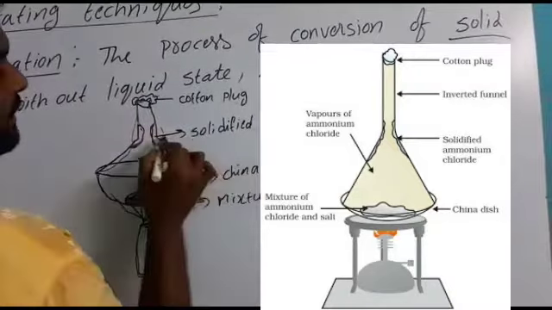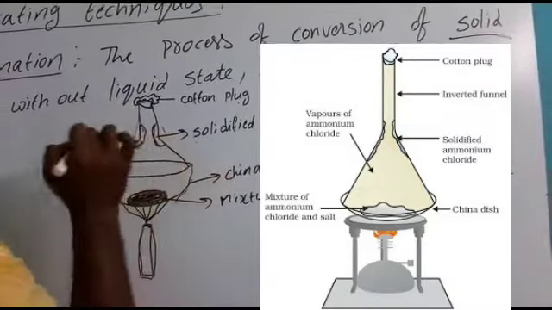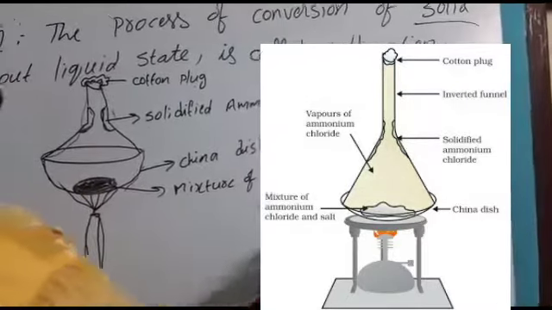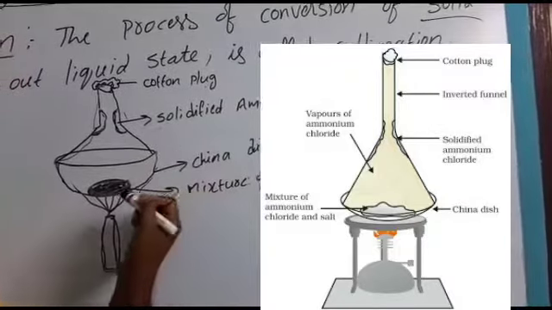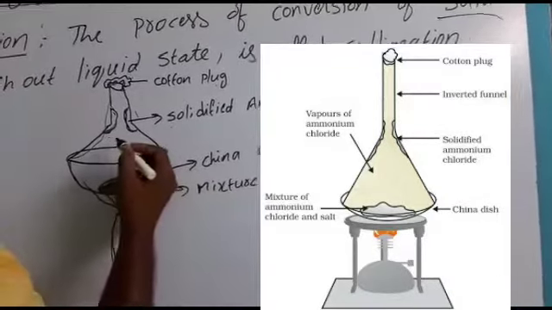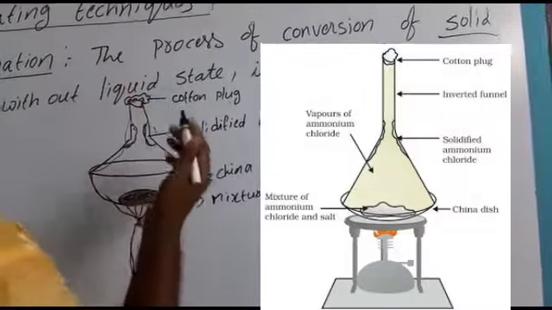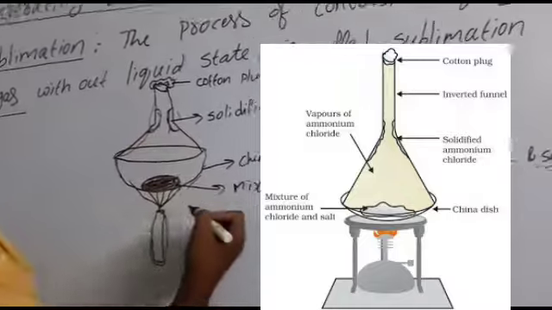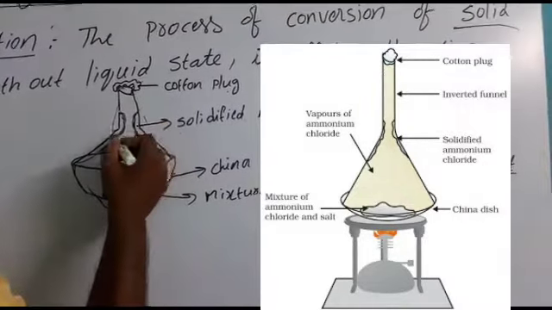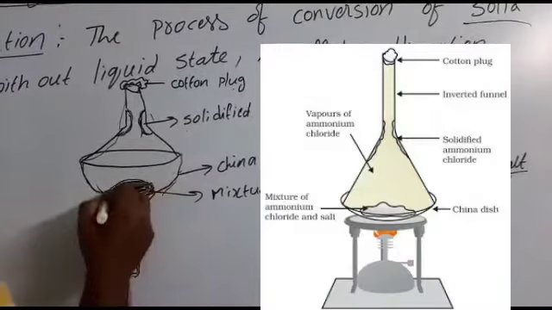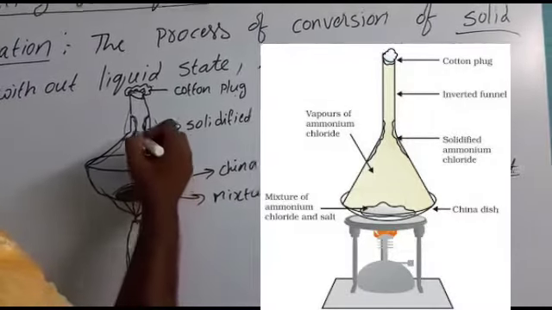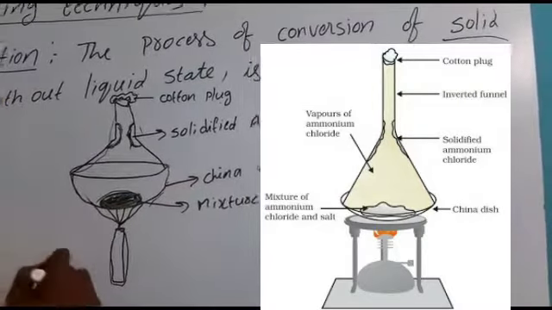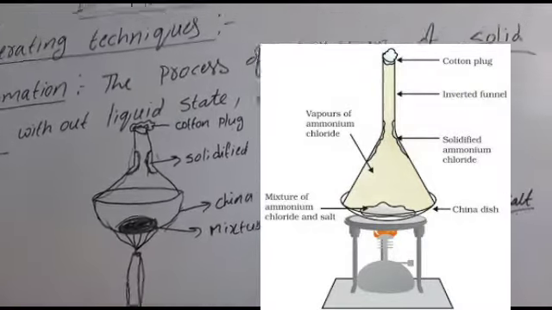You did not observe any liquid state of ammonium chloride. You will see directly that ammonium chloride first converts into gas, and then it converts back into solid ammonium chloride. So now you separated them: the ammonium chloride will be present here and the salt will be present here. You separated ammonium chloride and salt by using the sublimation process. It is one type of separating technique.